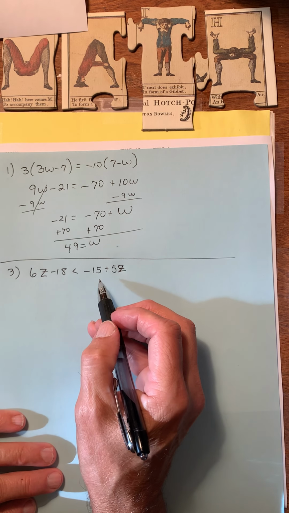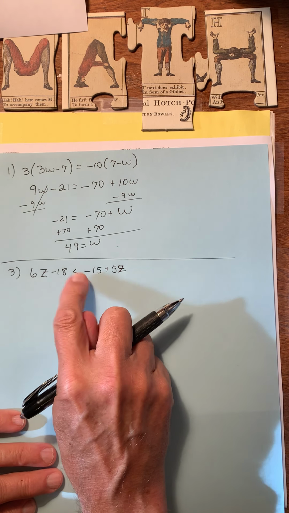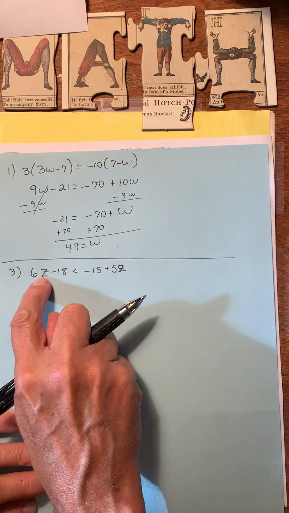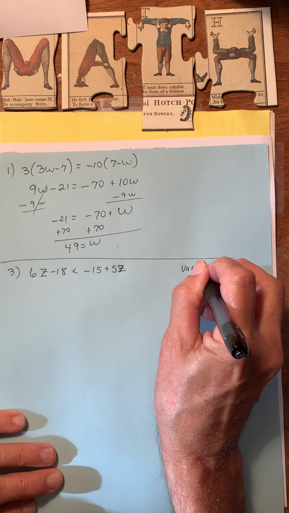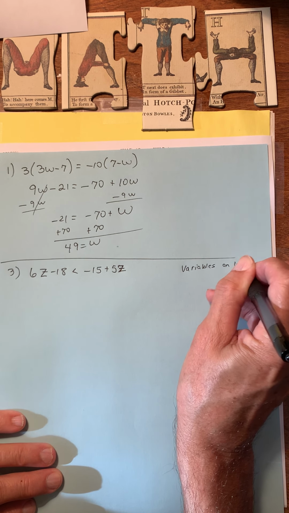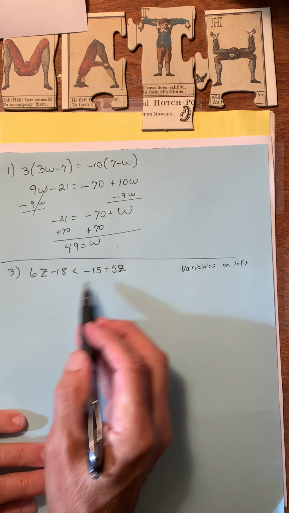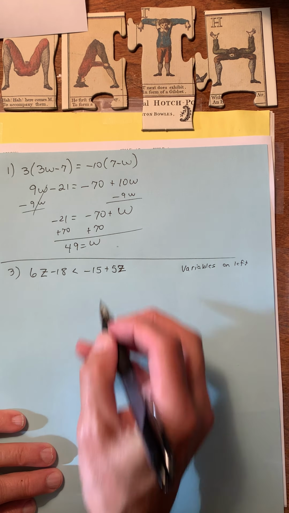So you may recall this. If not, this is a good time to remember. When you're solving an inequality, get your variables on the left. That way, when you speak the inequality, the variable will be the subject of your mathematical sentence.